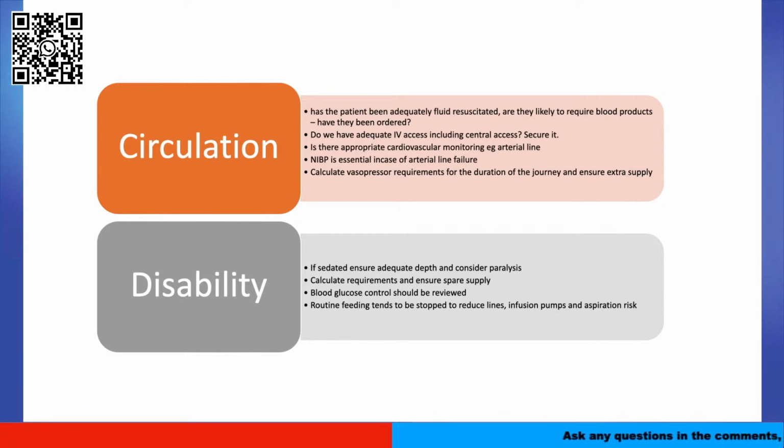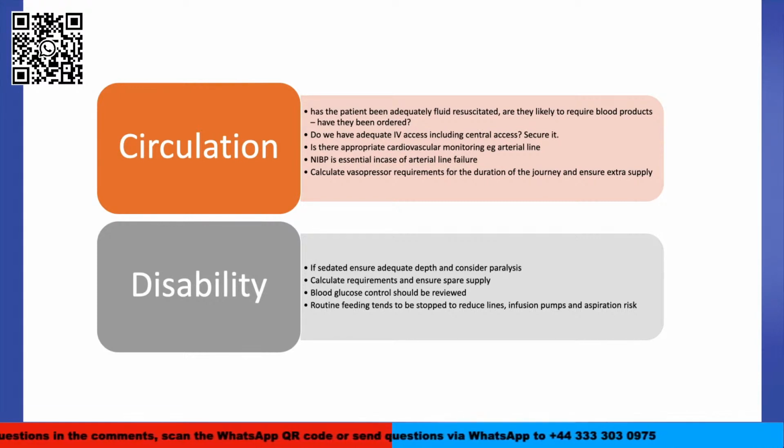At this point, it's also worth calculating any vasopressor requirements and ensuring that you've got plenty for the duration of your journey, as well as backups for all of your infusions, and to ensure adequate pumps and pressure bags if required.